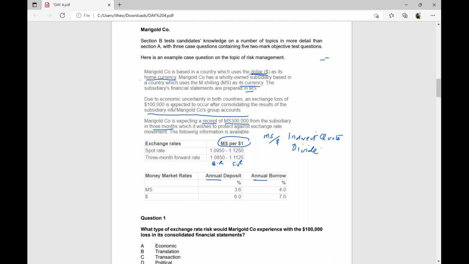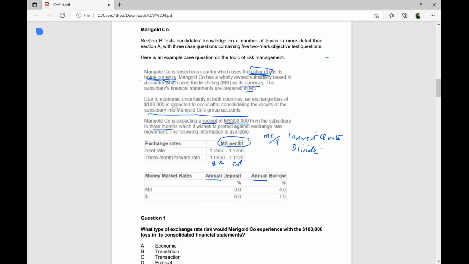This will always be given. Marigold has a wholly owned subsidiary based in a country which uses shilling as its currency.